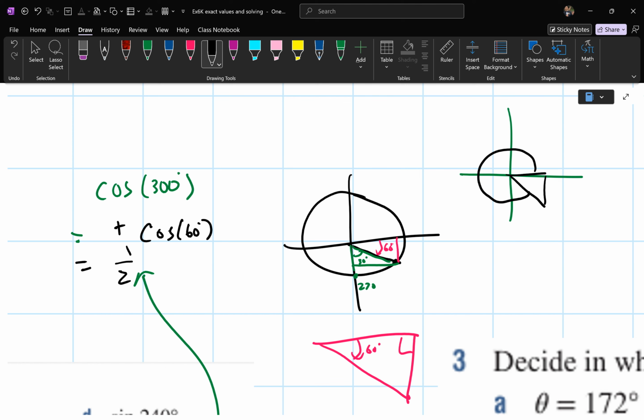See, it's asking for how far. So this is 60 degrees. That's cos length. But if you did the 30 degrees, it works. But the 30 degrees is your sine. So if you did sine of 30, that should equal to cos of 60. Because you're looking for horizontal length.